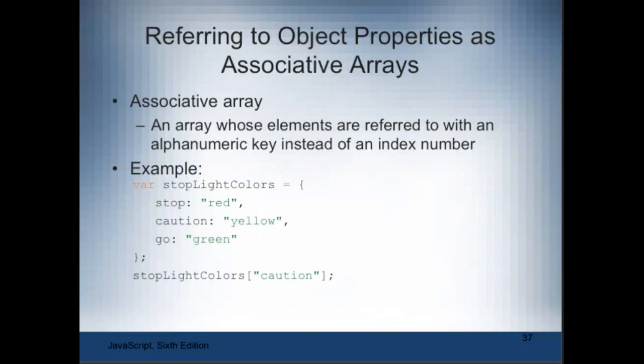Var stoplightColors equals, followed by stop: red, caution: yellow, and go: green. You could reference the value for the caution property, which is yellow, using its property name, stoplightColors.caution.